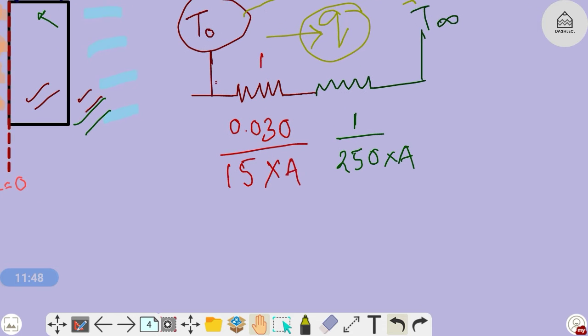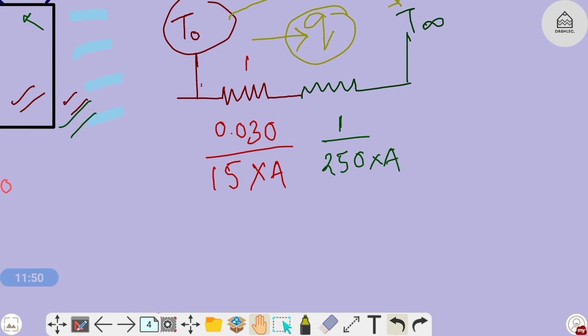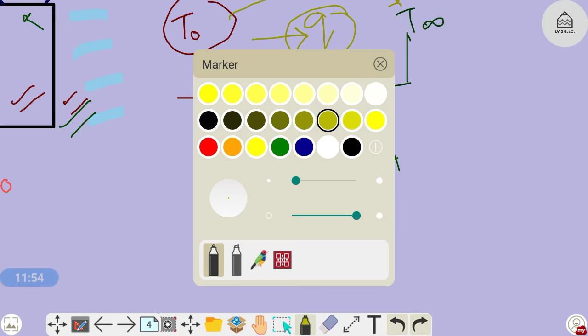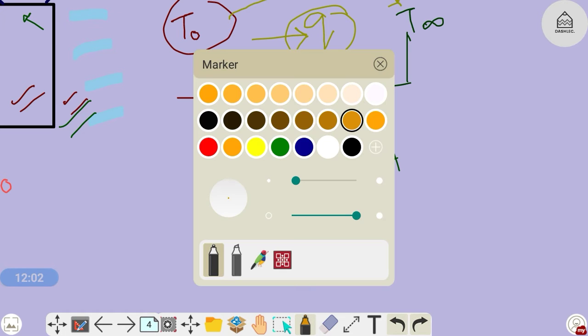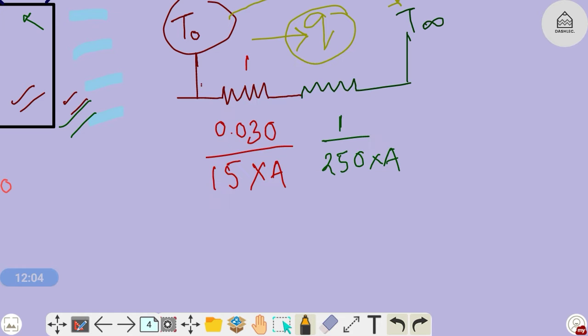Q is equal to, this is not visible, let us write it here.